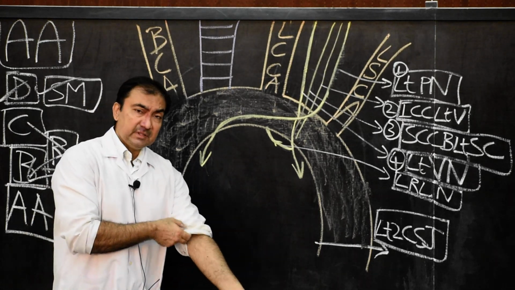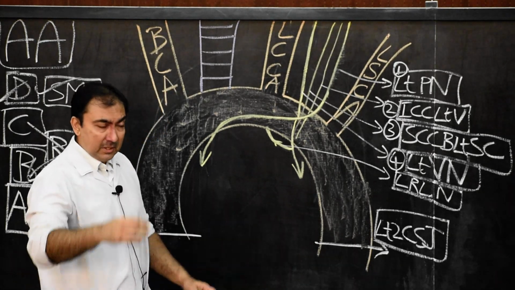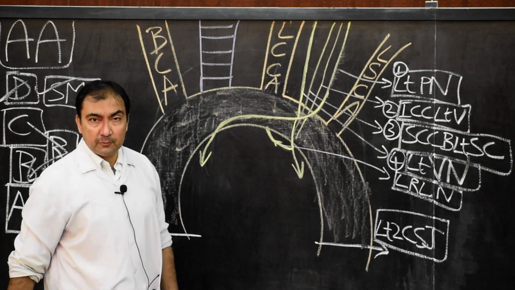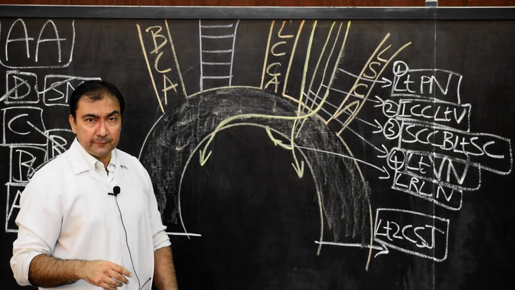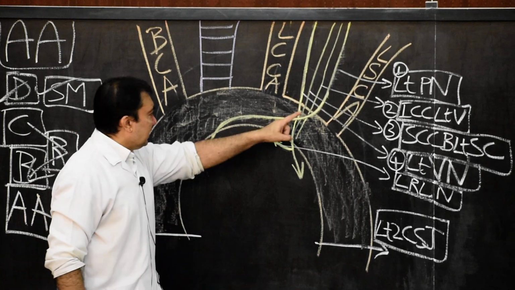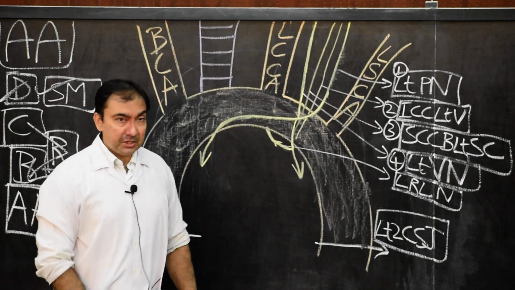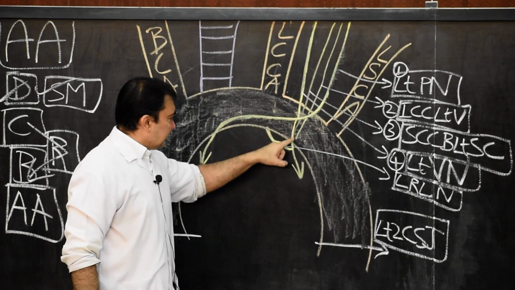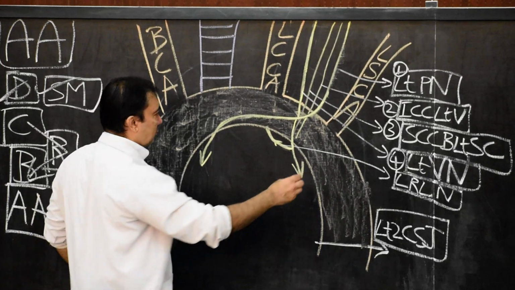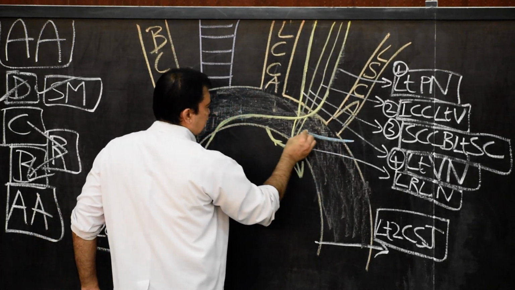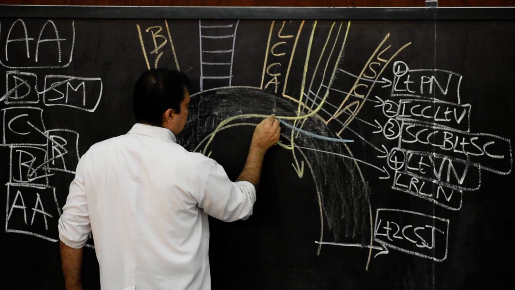So how do we draw? This left superior intercostal vein is passing upwards and backwards in front of the arch of aorta, deep to the left phrenic nerve, but superficial to the 2 cardiac nerves and the left vagus nerve. So here we go, and this is how we show it in this direction.